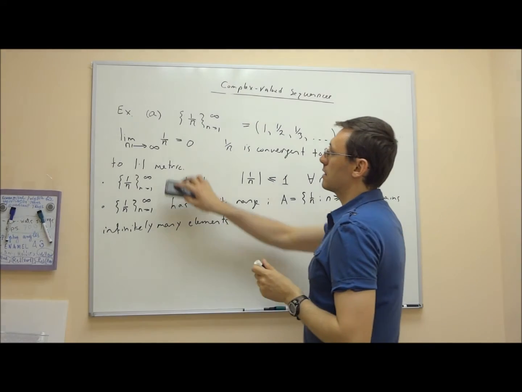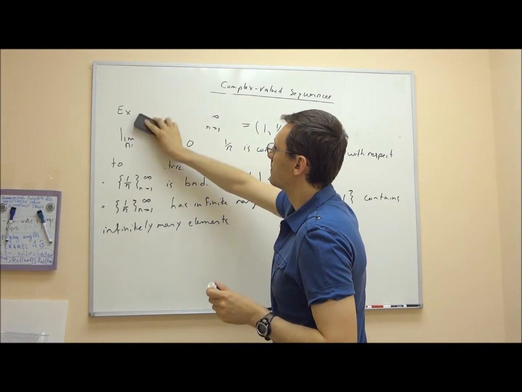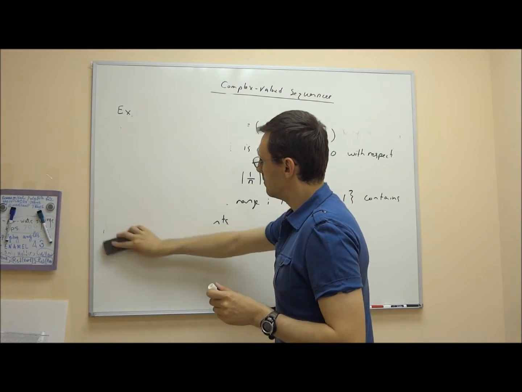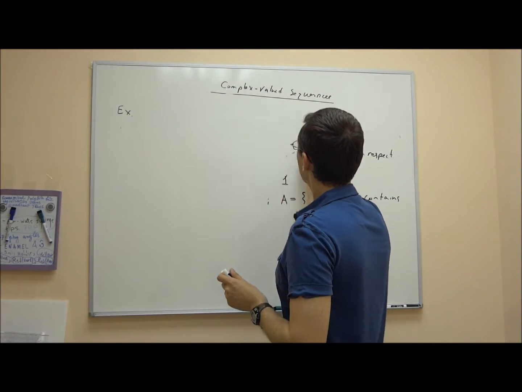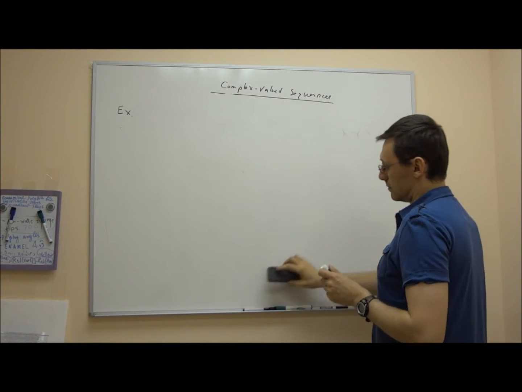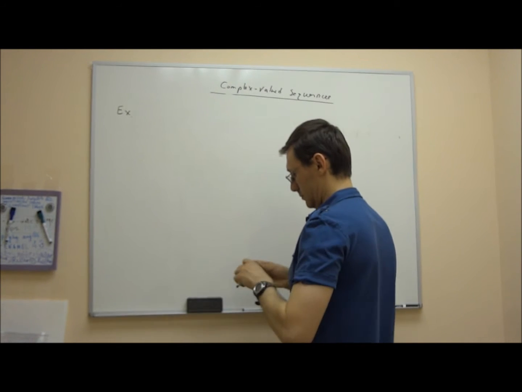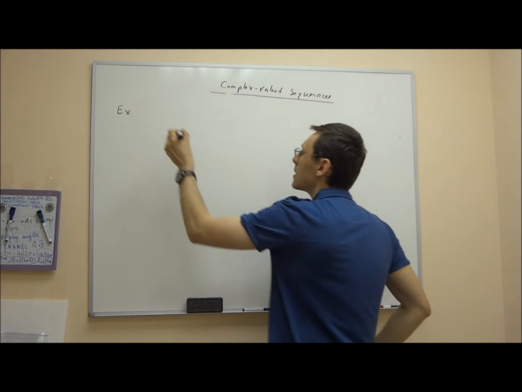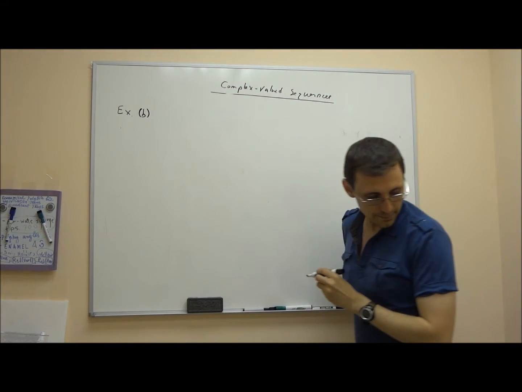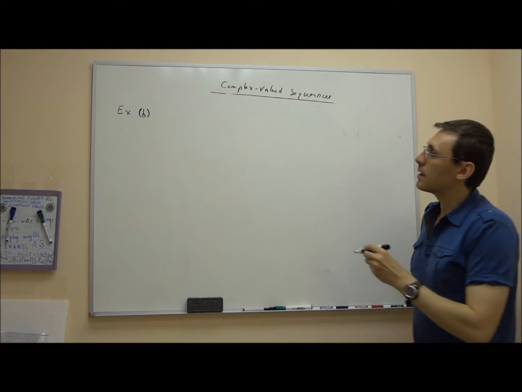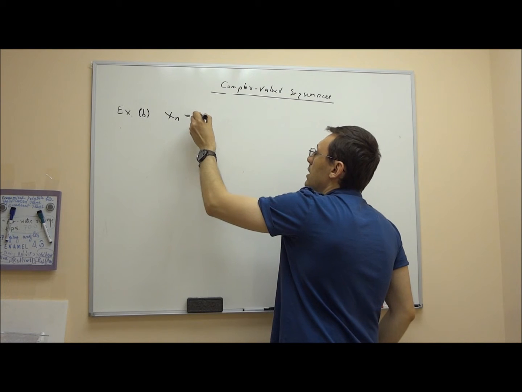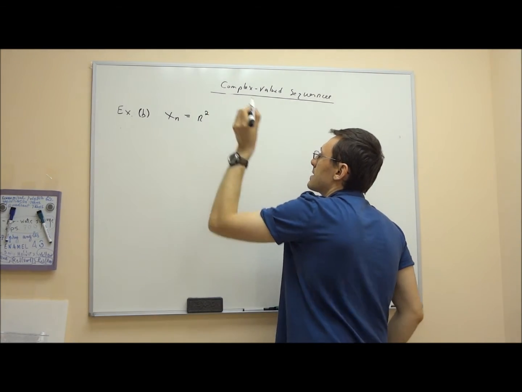Now let's consider another example. So example B, let's suppose that we are given a sequence x_n equal to n squared.